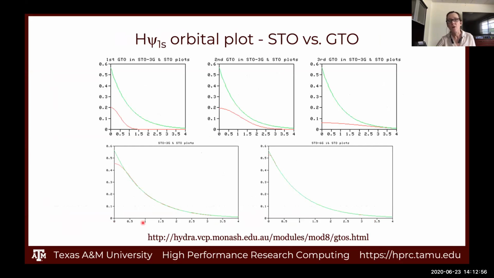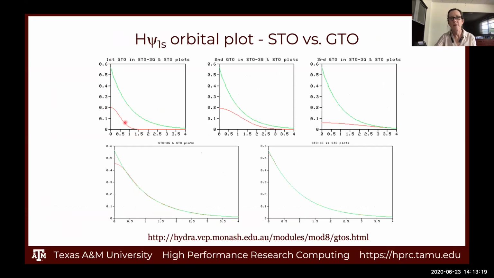Okay, so this is an overview of the Slater type orbitals compared to the Gaussian type orbitals. So this is a very old basis set, STO-3G, compared to the STO. So what we have here is the green one is the Slater type orbital, okay?